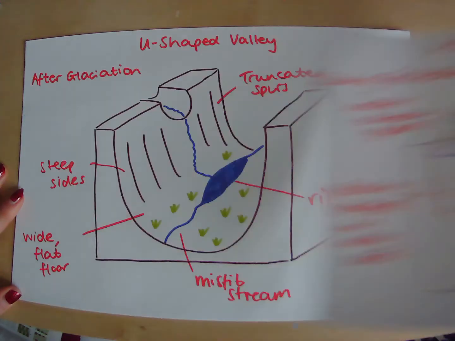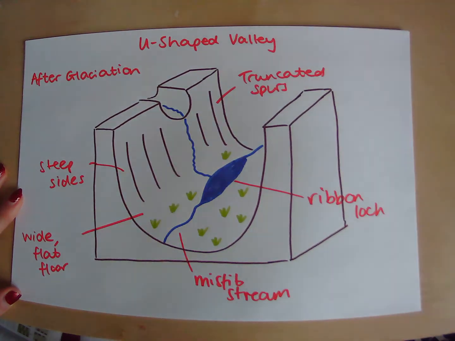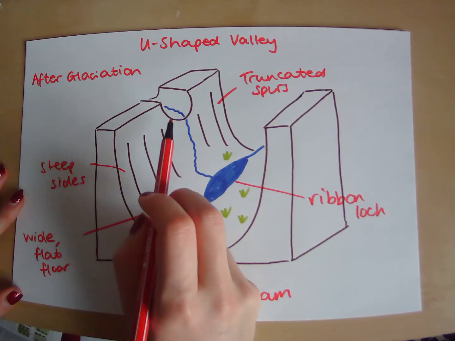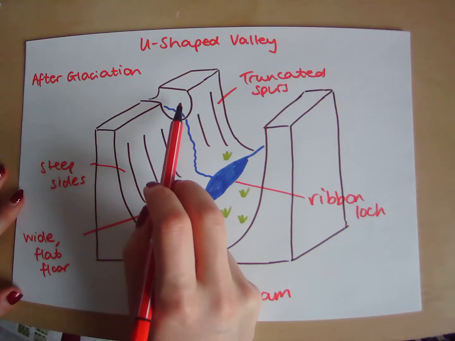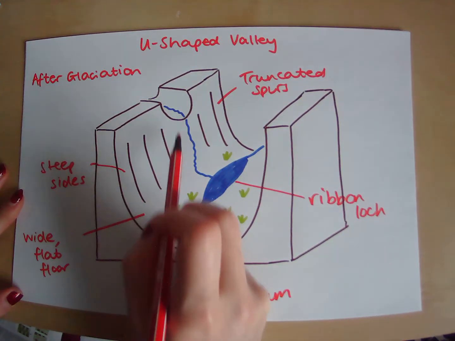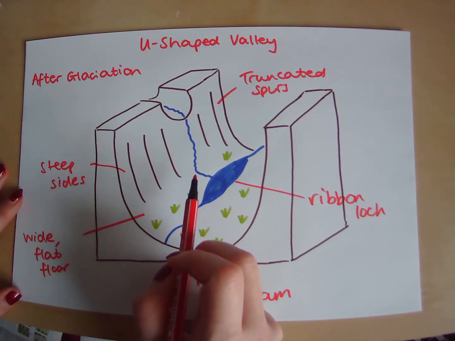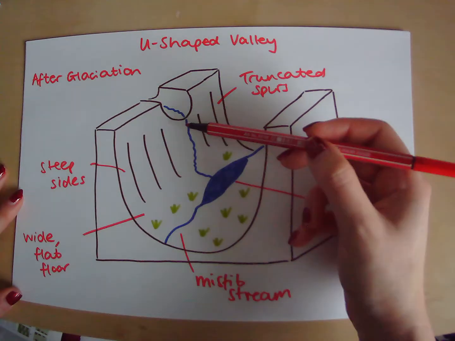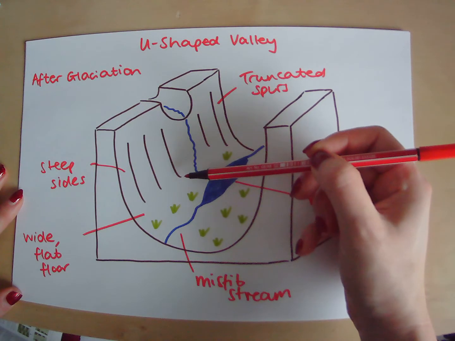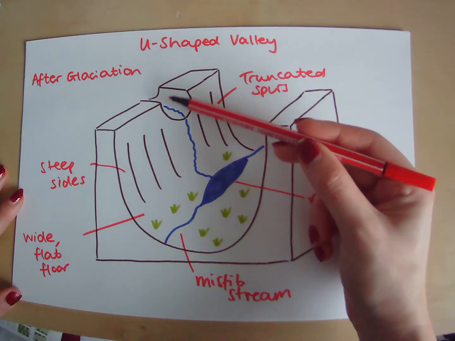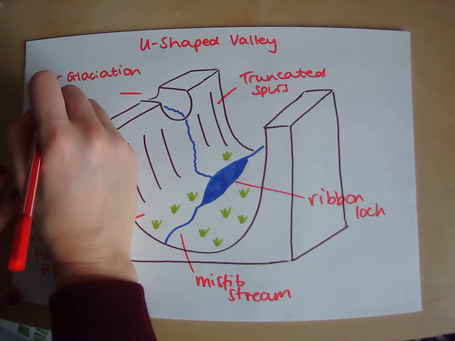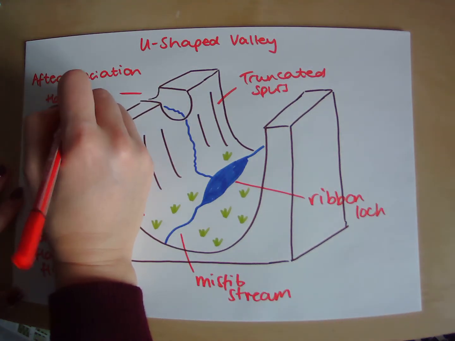Once that melts, we end up with the valley it was in hanging above the main valley. Because the glacier was smaller, it wasn't as heavy or as powerful, so it doesn't erode down to the same level for the floor. This leaves the valley hanging above the main valley. This is called a hanging valley.